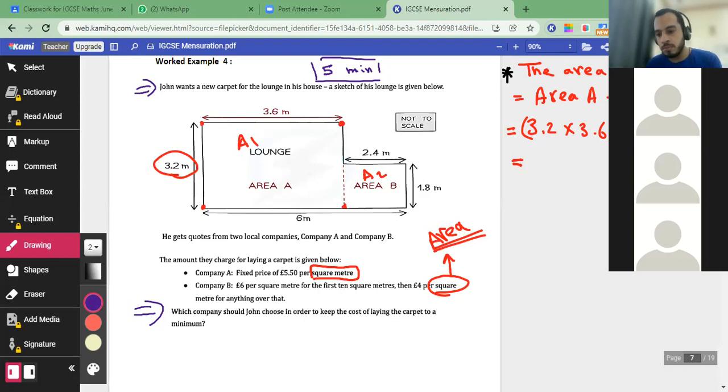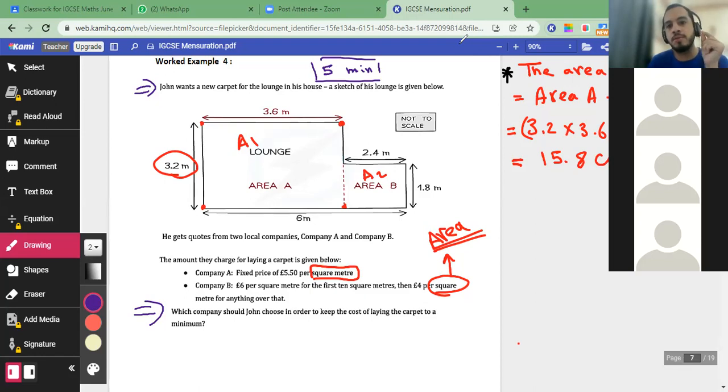Sorry. It's 15.8 square meters. Is it 15.84 or just 15.8? 15 point what? It's not just 0.8. Yes, it's better to write all of it to avoid errors.